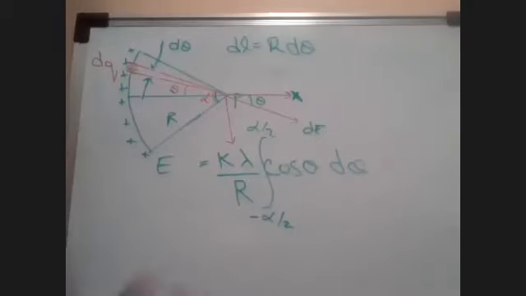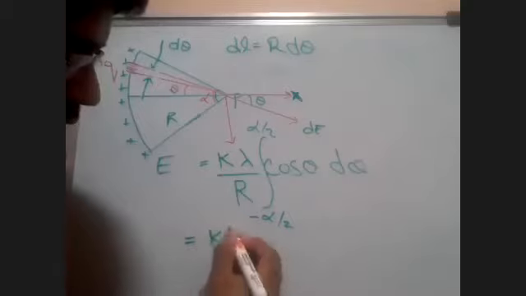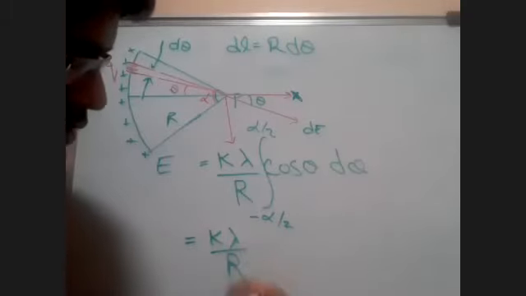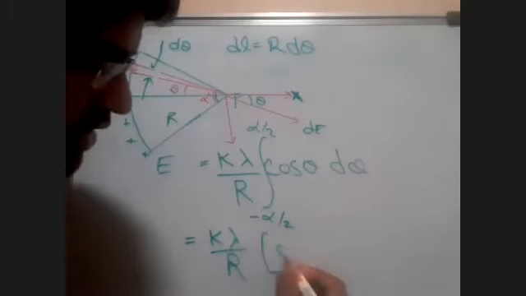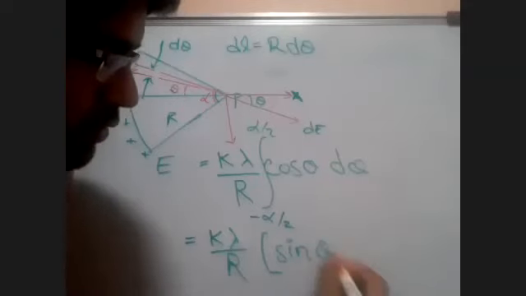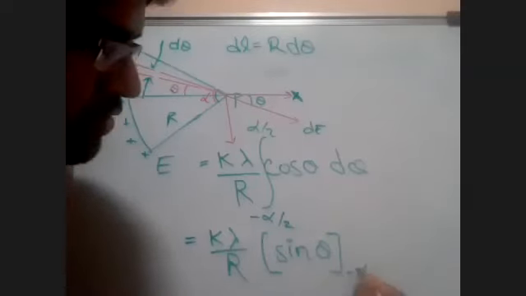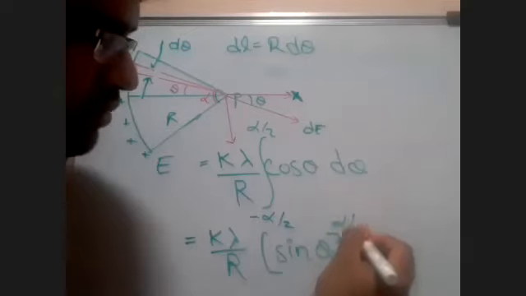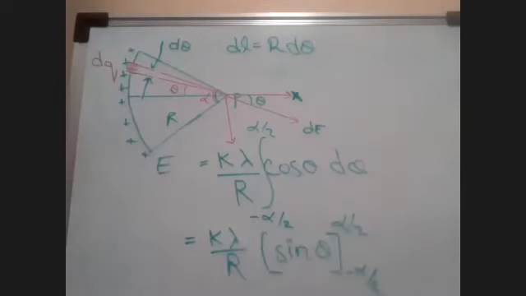So I will write this as equal to k lambda by r sin theta, from minus alpha by 2 to alpha by 2. Now how can this be written?